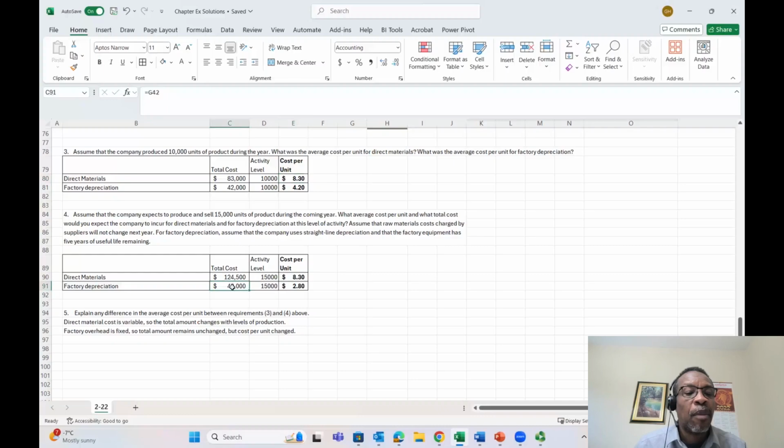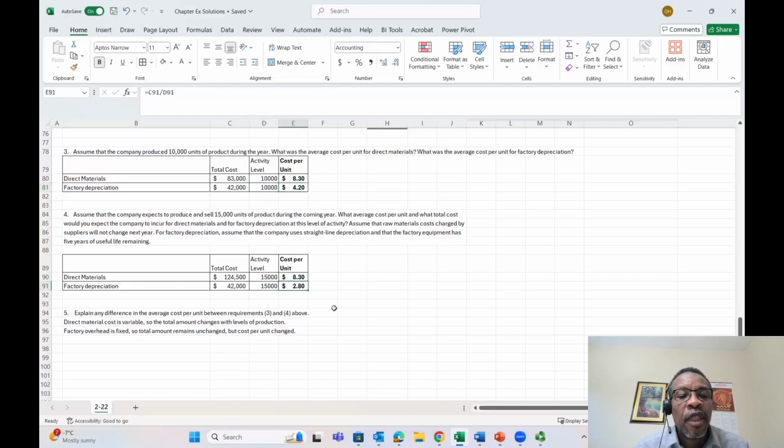The factory depreciation, on the other hand, which is a fixed cost, is not changing. The total amount will remain the same, irrespective of the number of units produced. You can see that in 3 here, when 10,000 units were being produced, the unit cost was $4.20.